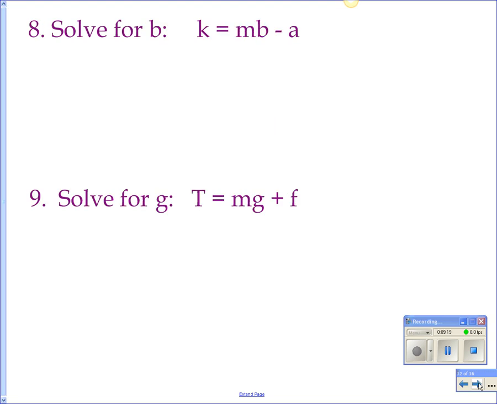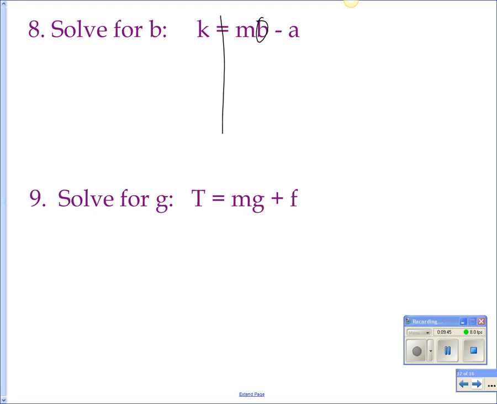All right. Number 8. K equals MB minus A. Solve for B. All right. Destiny, what do I want you to do first? All right, Ashley B, who's best friends with B?